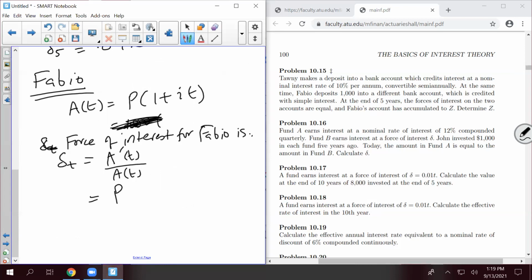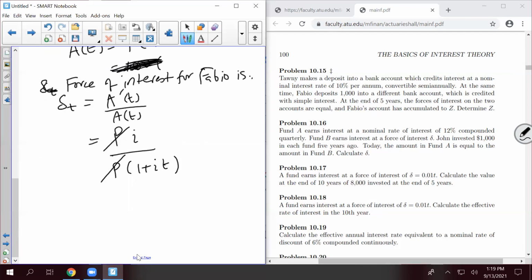And what's the derivative of 1 plus it with respect to t? i. Now you see, it doesn't matter what the principal was. And I think we did that for simple interest in an earlier example: the force of interest comes out to be i over 1 plus it, but even if you don't remember that, it just takes two lines to derive it.